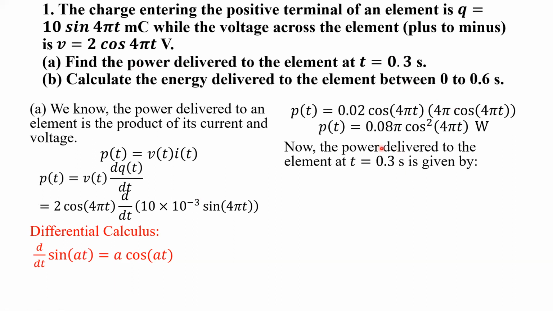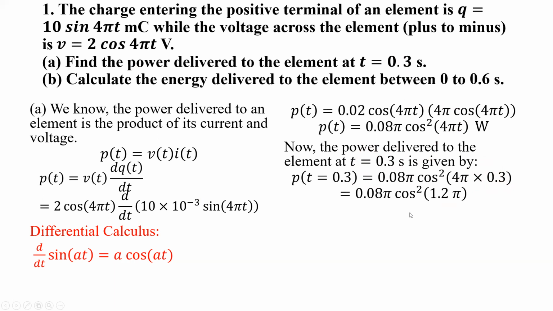Now the power delivered at t equals 0.3 is given by replacing time here by 0.3. After further simplification, 4 pi into 0.3 becomes 1.2 pi, and this gives 164.5 into 10 to the power minus 3 watt.